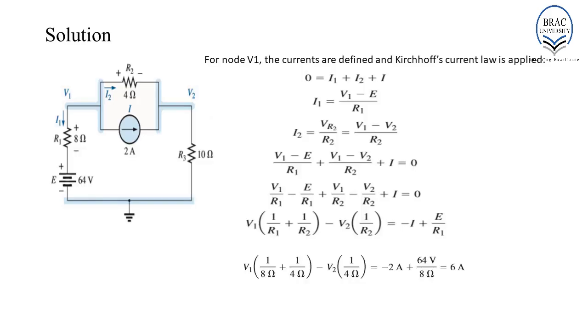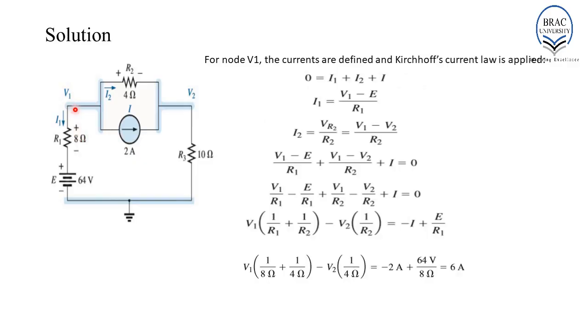Based on the direction of the currents as shown over here, when we apply KCL across node 1, the equation which we'll get is I1 plus I2 plus I equals 0. Now, I1 is the current flowing through R1.